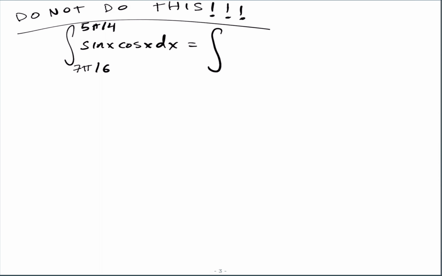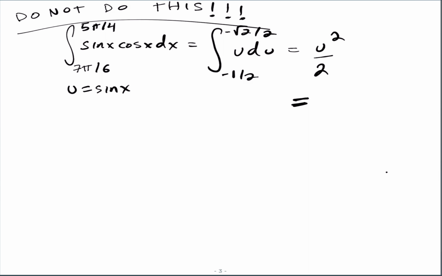All right, so you have this, right? So what do we say? Minus a half, minus root 2 over 2, u du. Okay, I see this all the time. So you get this, right? And then, well, u was sine of x, right?